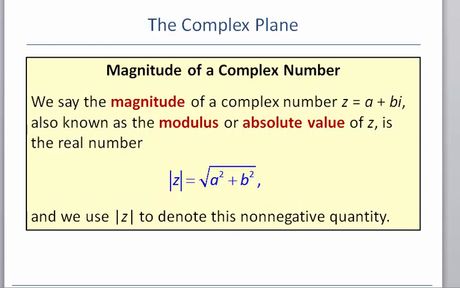Now our formula for finding the magnitude is essentially the distance formula from algebra. So we're going to take the square root of a squared plus b squared, and that is going to be our magnitude. And note this symbol that we use for magnitude looks like an absolute value. We do this to remind ourselves that magnitude is always positive.